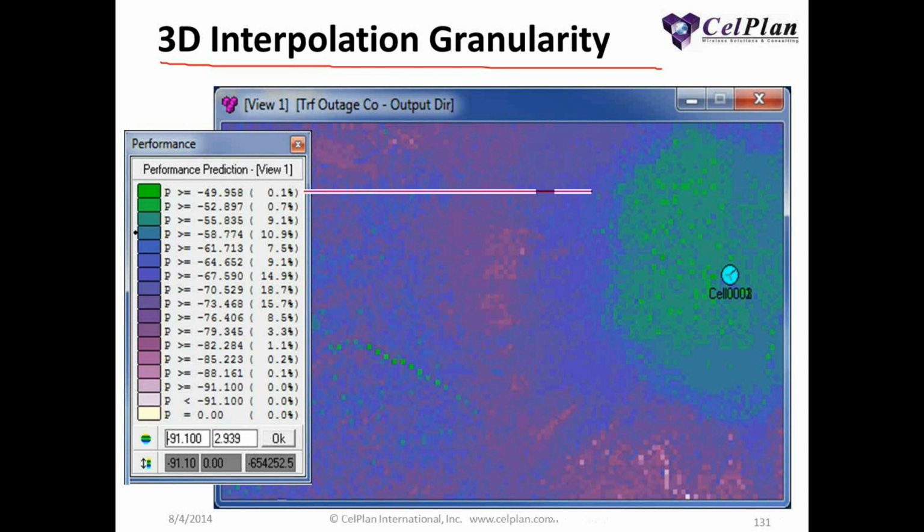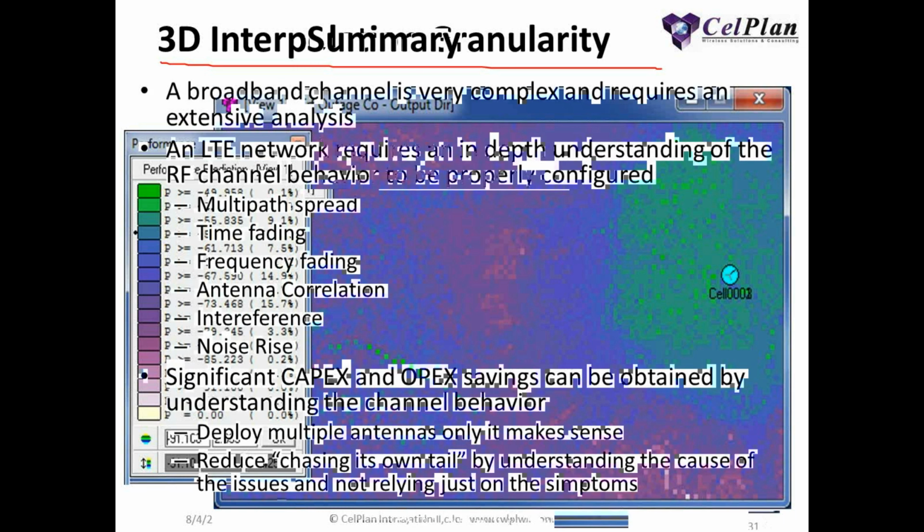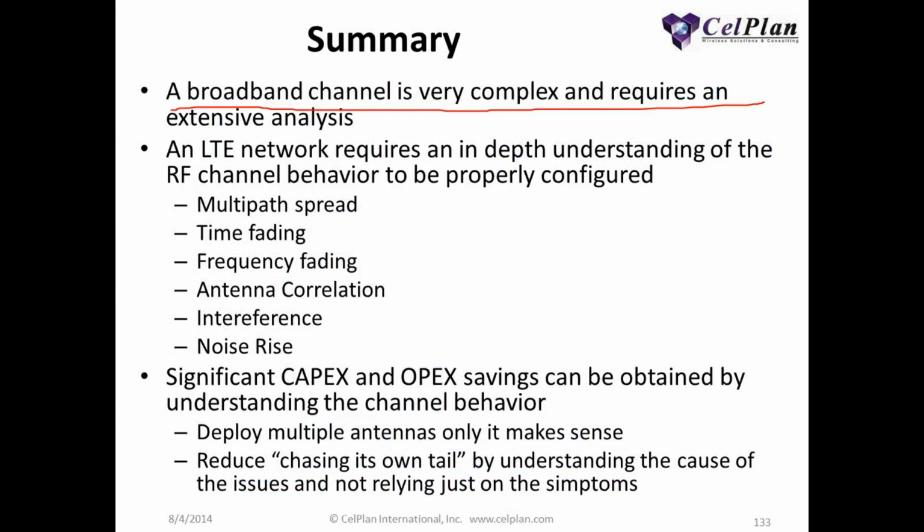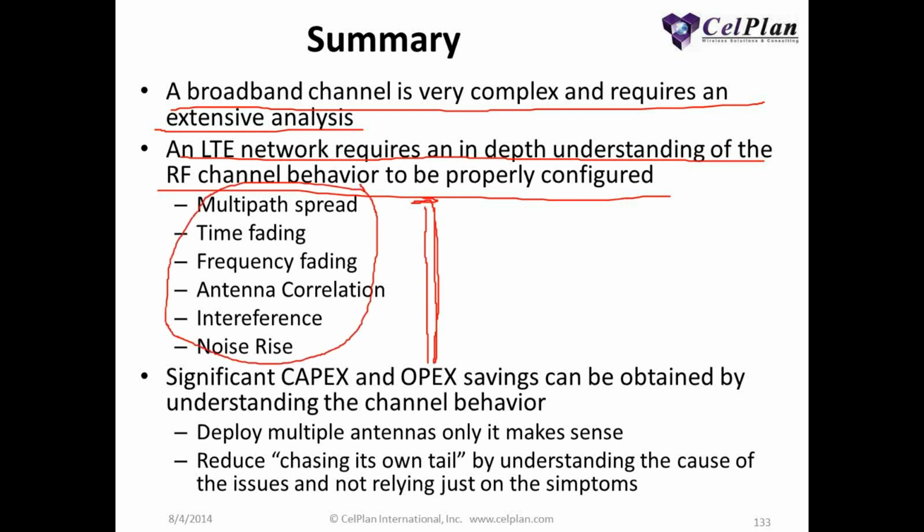Okay, let's make a very brief summary. The broadband channel is very complex and requires extensive analysis. An LTE network requires an in-depth understanding of the RF channel behavior and how it can be properly configured. Multipath spread, time fading, frequency fading, antenna correlation, interference, noise rise, and many other parameters in LTE require this knowledge, which is very important.